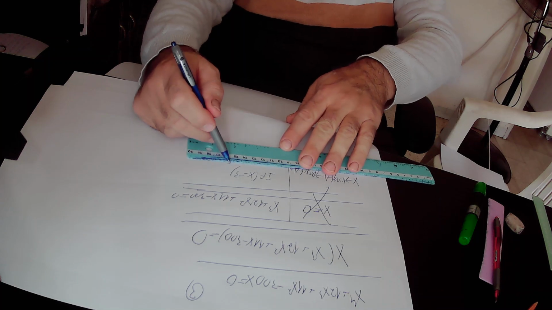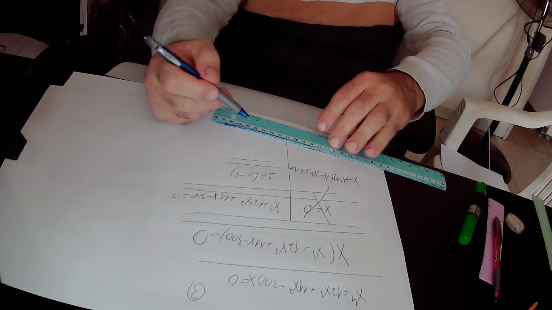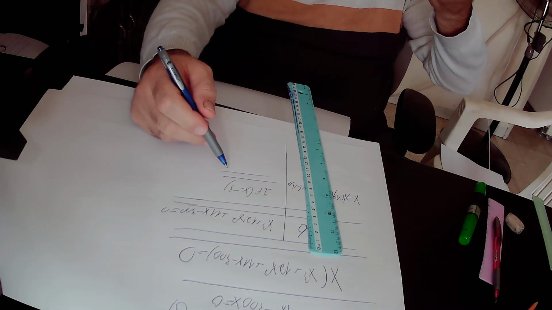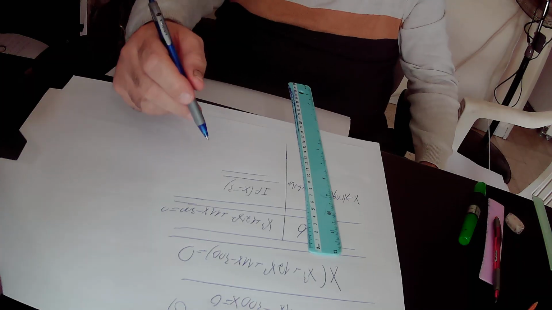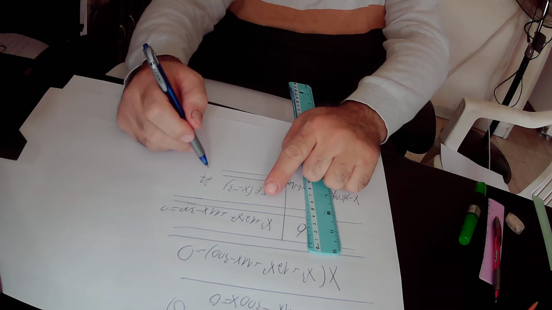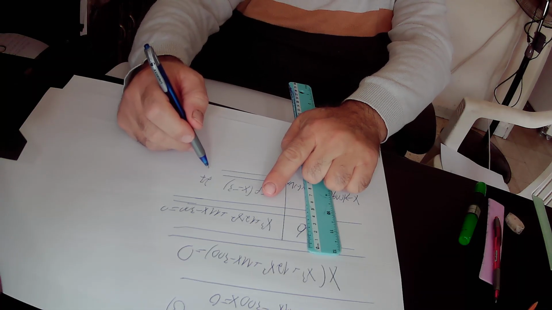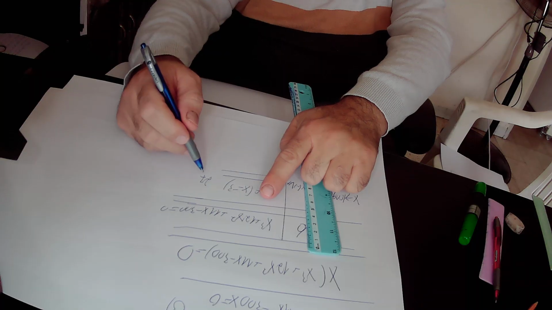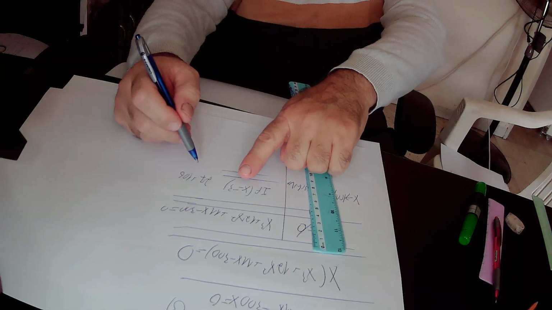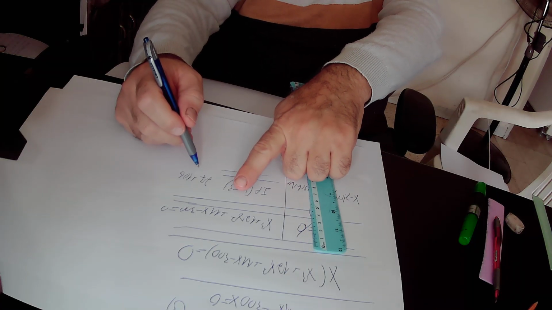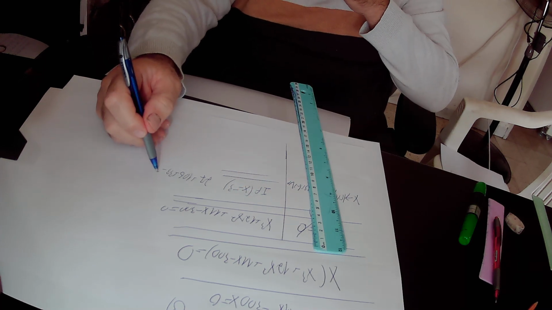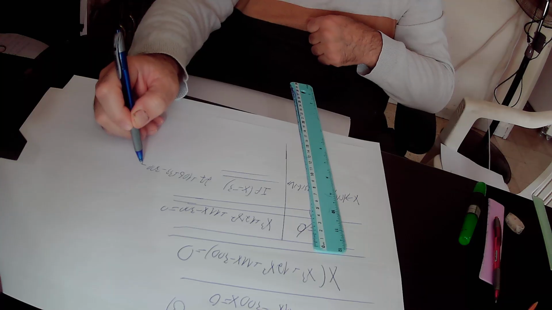If x equals 3, then x cubed is 3 cubed, 3 times 3 times 3, that is 27, plus 12x squared. X is 3, so x squared is 9, and 9 times 12 is 108. Plus 11x, that is 11 times 3, which is 33. Minus 300, it should be equal to 0.